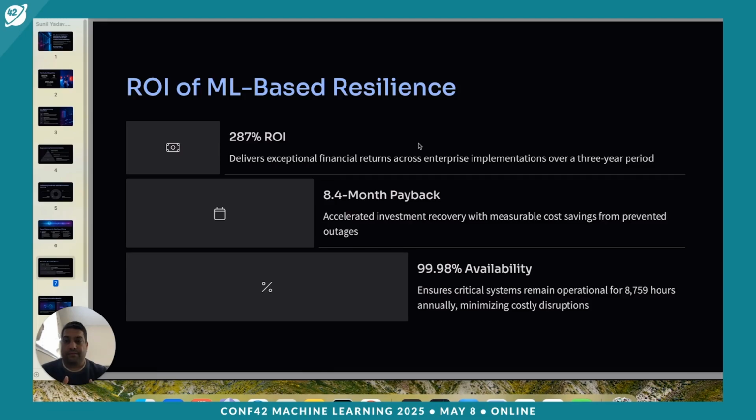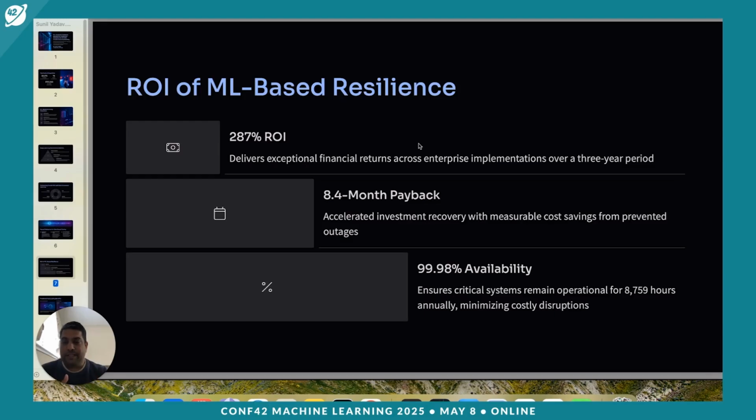With machine learning based resilience of databases in Oracle Cloud, they claim more than 280% return on investment, meaning it delivers exceptional financial return across enterprise implementations over a 3-year period. So whatever investment is done today is going to give more than 280% return within 3 years.